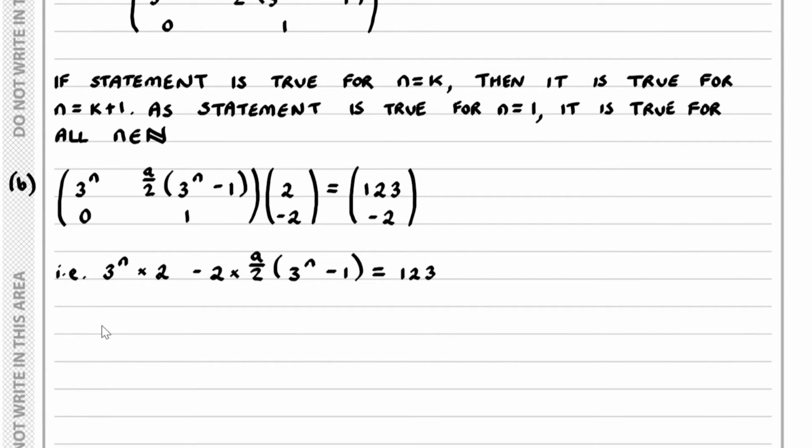So we have 3 to the n times 2, subtract, well here we've got negative 2 times by a over 2, so that's just negative a, and then we have 3 to the n minus 1 equaling 123. Now we'll call this equation 1 for now. We can't do much with it now.